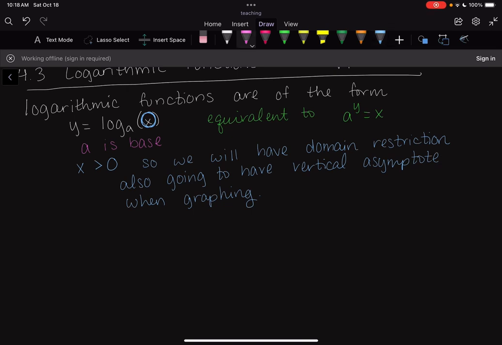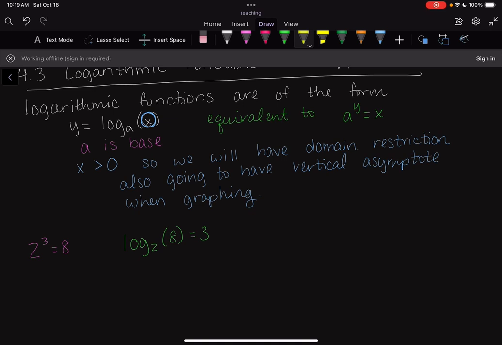So I want to explain something about logs first. If I say 2 cubed equals 8, in a log function, the way this would look is we would say the log base 2 of 8 is equal to 3.